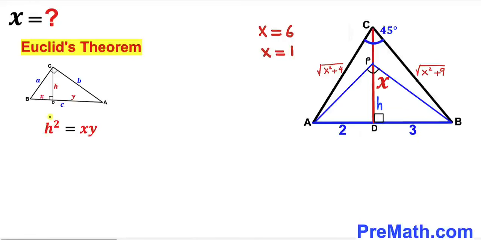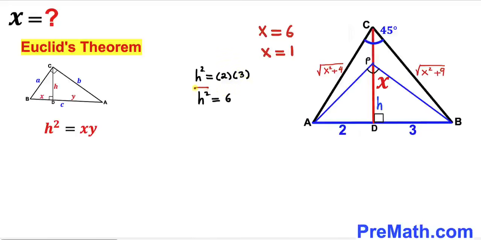Then we can write h square equals to x times y. And in our case, our x value is 2, our y value is 3, and our height is h. So therefore we can write h square equals to 2 times 3.